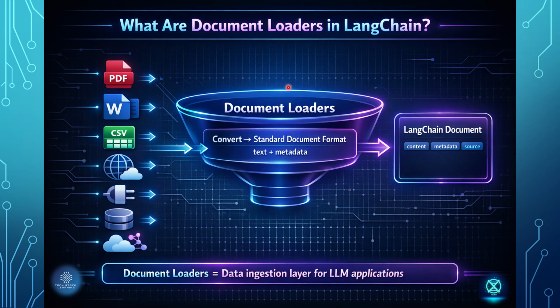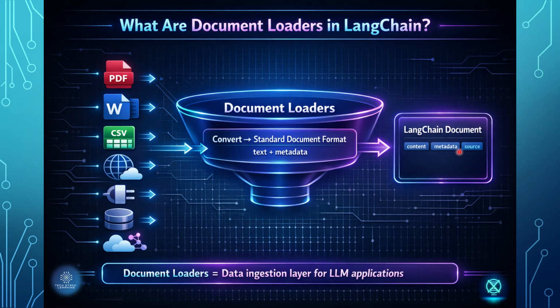Basically, they act as a data ingestion layer for your AI or LLMs. This means that your model can read, summarize, or answer questions about your data without you manually pre-processing it. So that is where these document loaders are helpful.